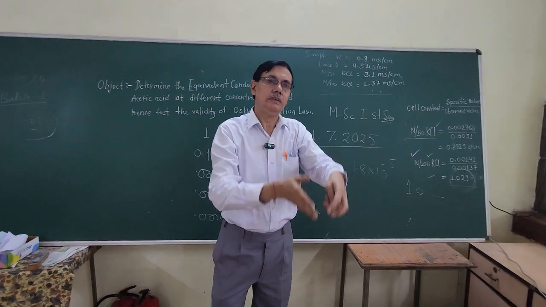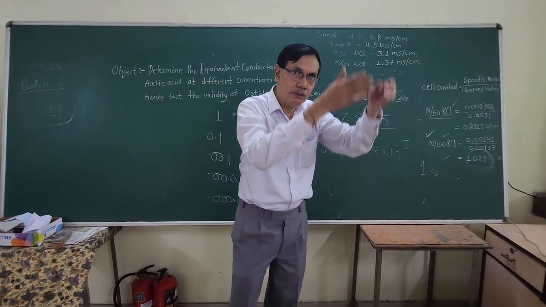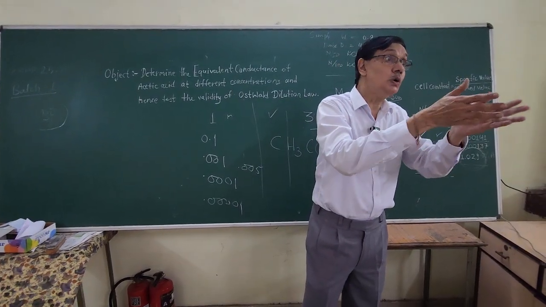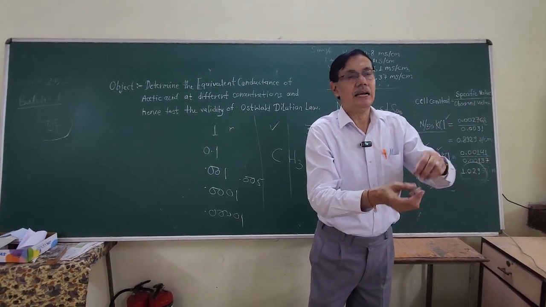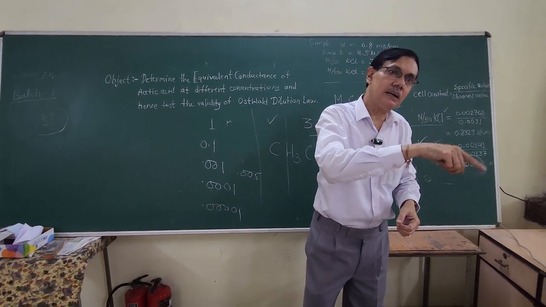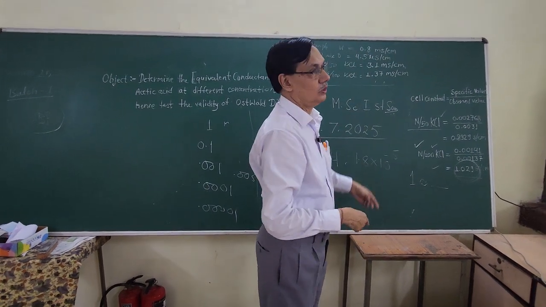First is the observed conductance multiplied by the cell constant. You will get the specific conductance. Then from specific conductance, you have to determine the equivalent conductance. Tomorrow I will ask you the question: what is the effect of dilution? And then from equivalent conductance you have to determine the K, that is the dissociation constant.